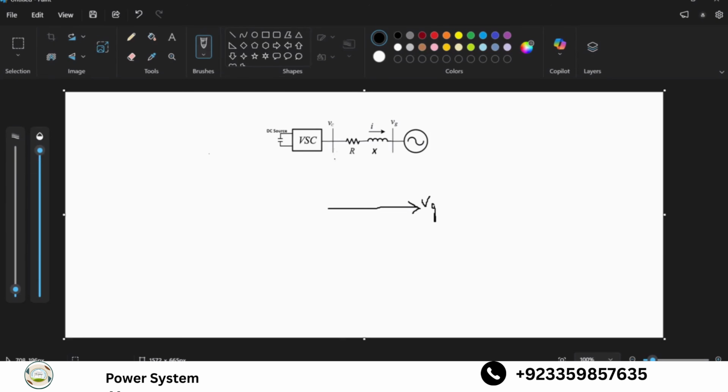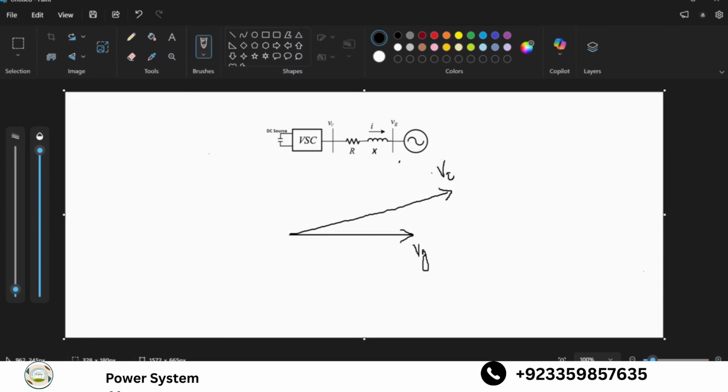For example, I could create a voltage here that is exactly equal in magnitude to this and also in phase with this. So I could create anything now here. Let's assume that I create some voltage here which has magnitude a little bit lower than this, or maybe a little bit higher than this, and its phase is a little bit different than this. For example, let's say it is leading a little bit.